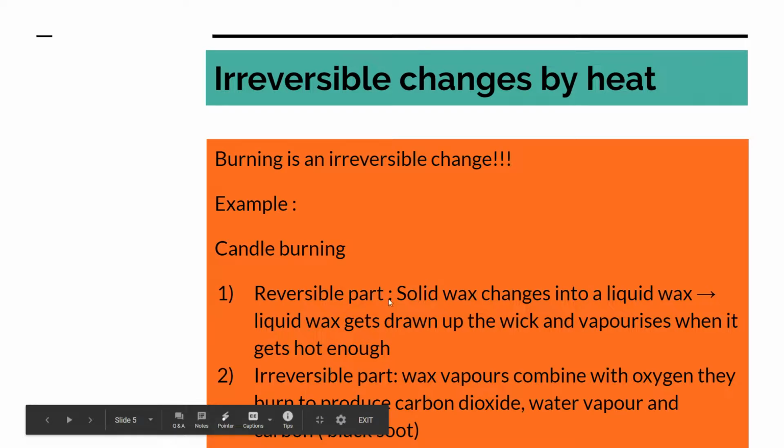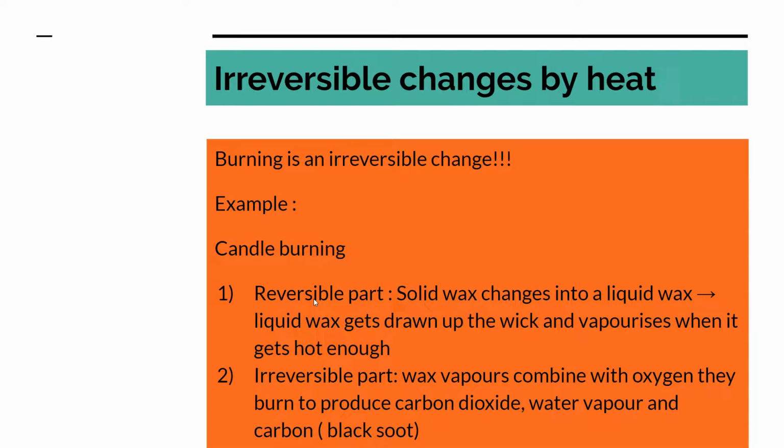So let's talk about the reversible part. Reversible means that you can get back something, right? And we just learned that changes of state are reversible. The wax is solid in state. Once you light the candle, due to the heat generated from the flame, the solid wax changes into liquid wax.